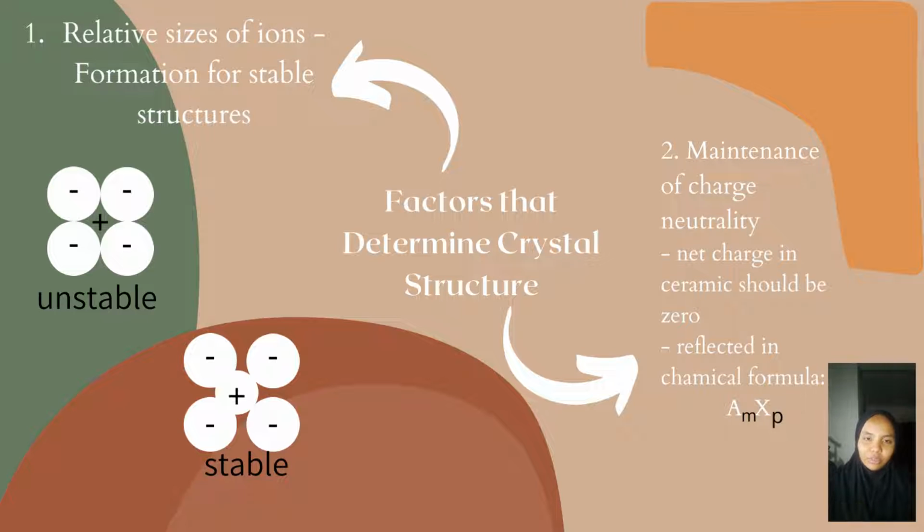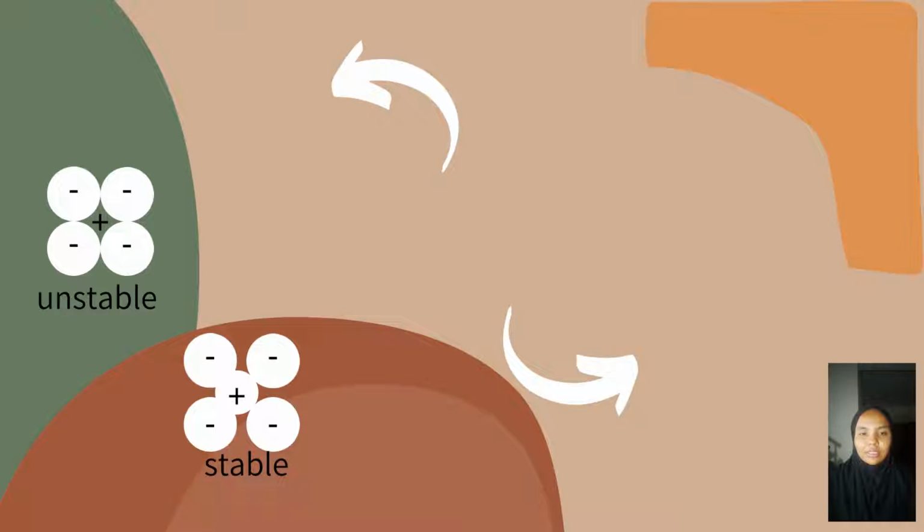The size of the positive ion needs to be balanced with the size of the negative ion to form a stable structure. The second factor is maintenance of charge neutrality. Net charge in ceramic should be zero, reflected in the chemical formula AmXp.